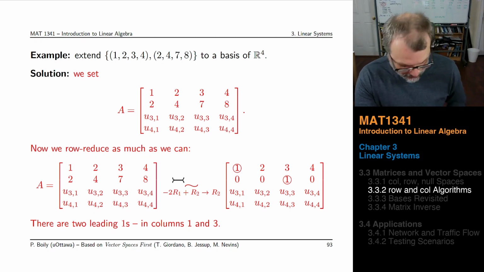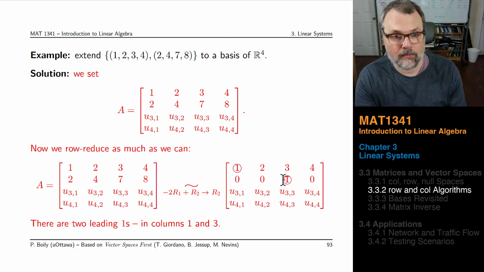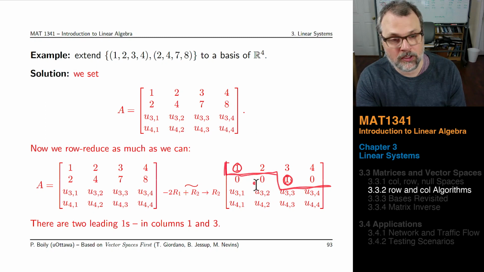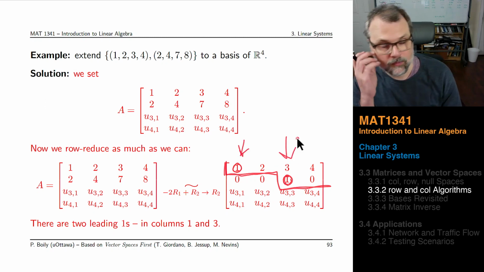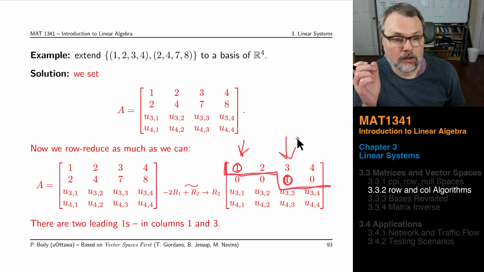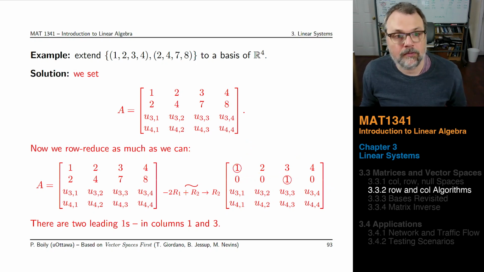The only place where there's a difference is right here. Okay, so by doing this, I have created a row echelon form. Not necessarily reduced, that's not important. The point is, I have a matrix here with 2 leading ones. Columns 1 and 3.